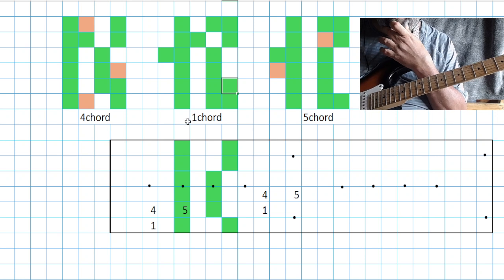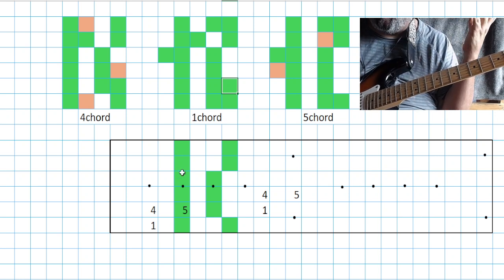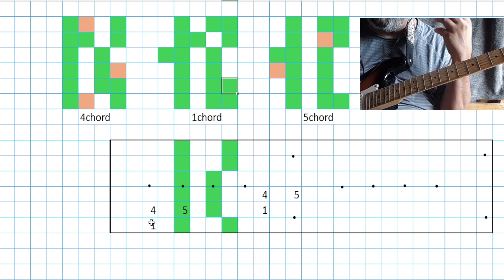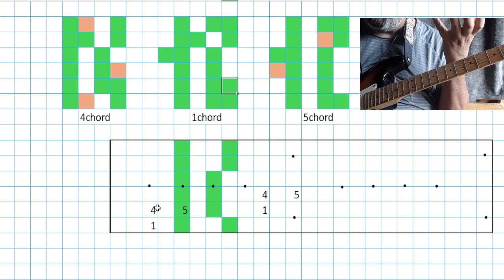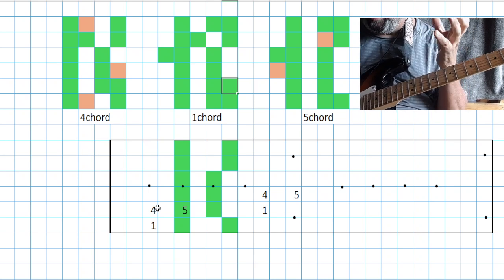Now, the magic trick and why they said that one pentatonic would work is because, even though these are changing keys, there are certain keys that are very close together.